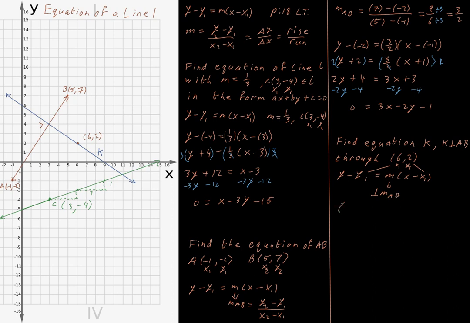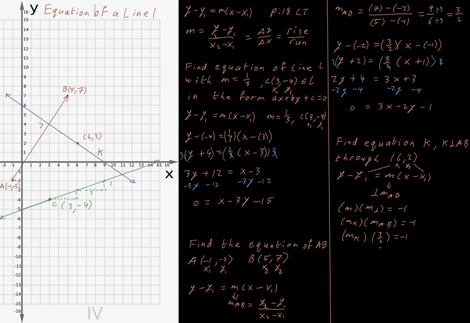Well, we know that if we multiply a slope by the perpendicular slope, we must get minus 1. And we know the slope of AB. So the slope of K multiplied by the slope of AB must give us minus 1. So the slope of K times 3 all over 2 must give us minus 1.